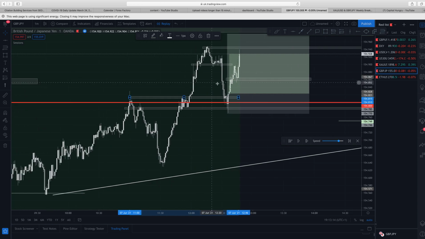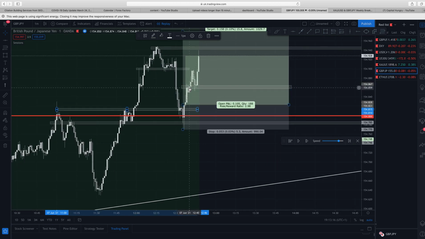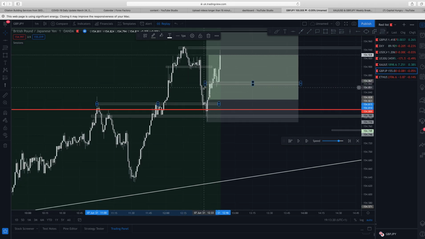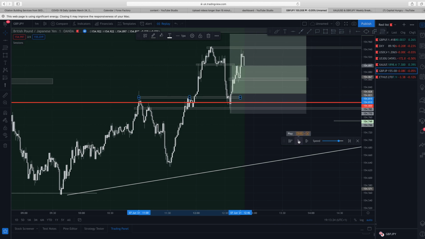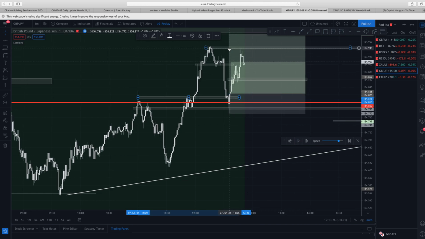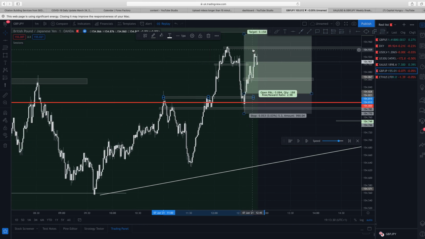But as you can see, it respects this minor support, minor old resistance and new support. Failures to close above, that's probably your best partial take profit point. Up here, you hit this high, don't close above it. Yeah, I'm happy there. I'll take 80% of my trade and just let the rest run.